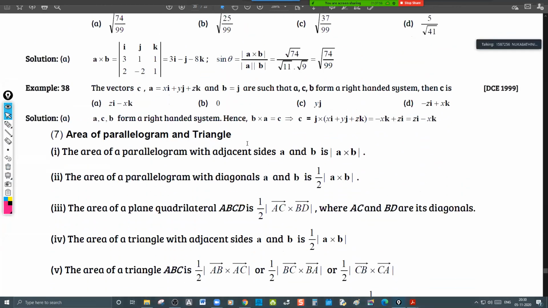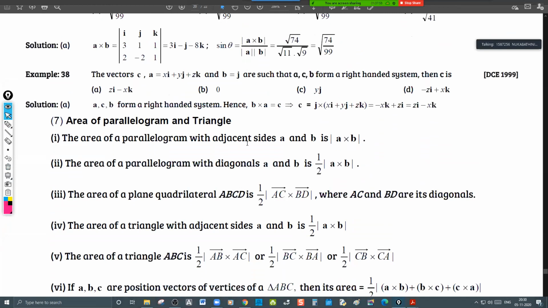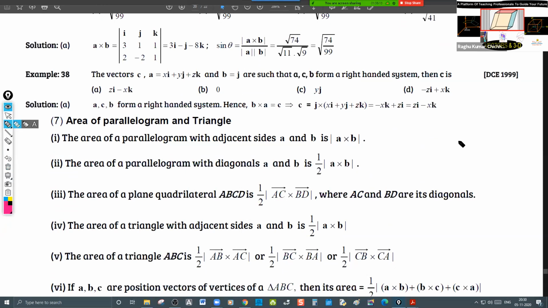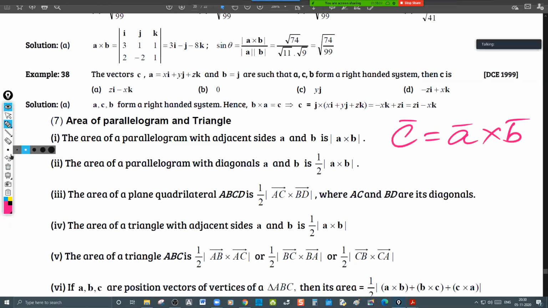The vector C is equal to xi plus yj plus zk, B is equal to j, such that A, C, B form a right-handed system. Then C is? He gave A and B values, we need to find C. So the right-handed system, C bar is equal to A cross B. If you find it out, you'll get it.